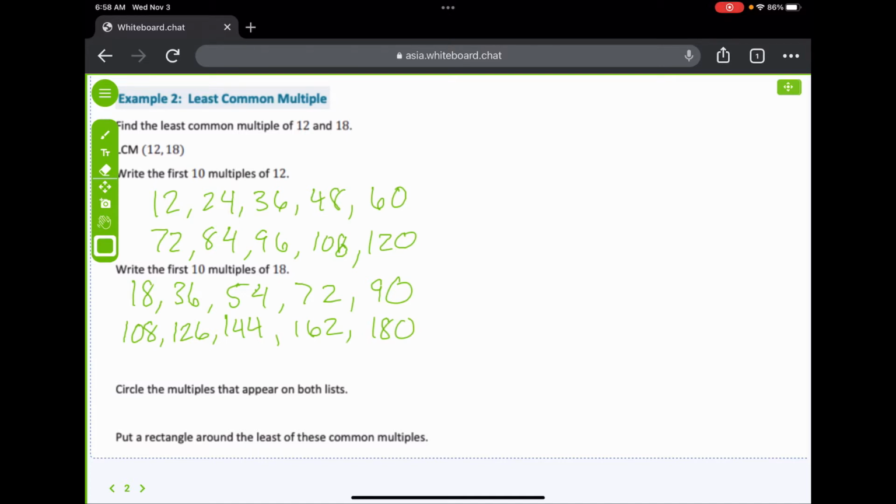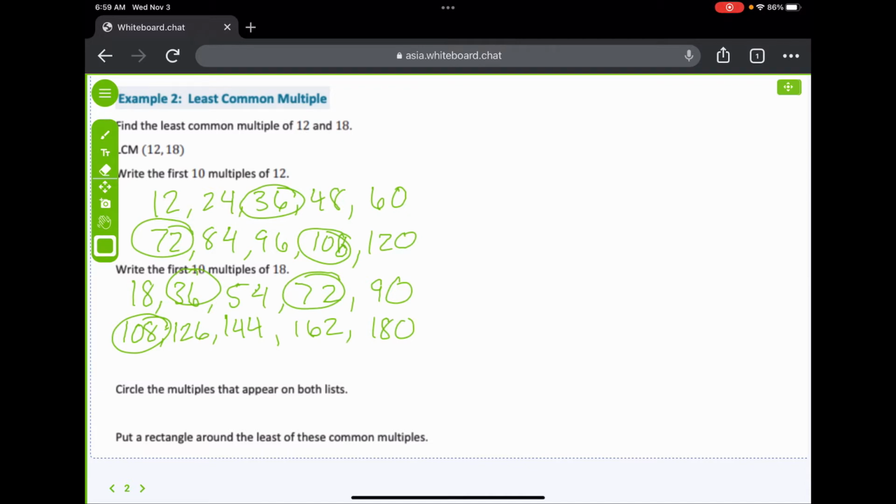Okay, now that we have those, it says circle multiples that appear on both lists. 12 does not, 24 does not, 36 does, 48 does not, 60 does not, 72 does, 84 does not, 96 does not, 108 does, and that's all we're going to have.